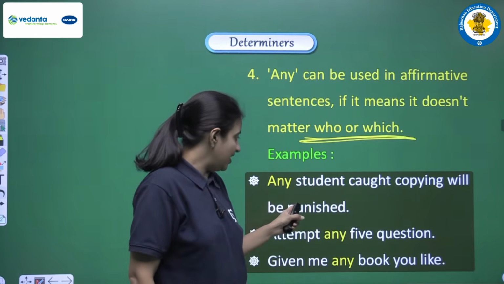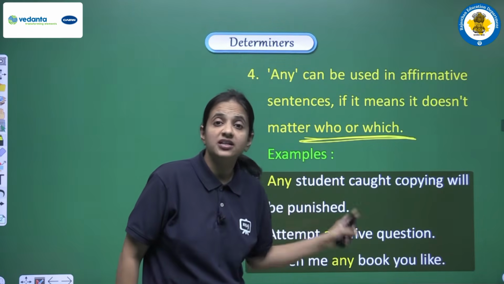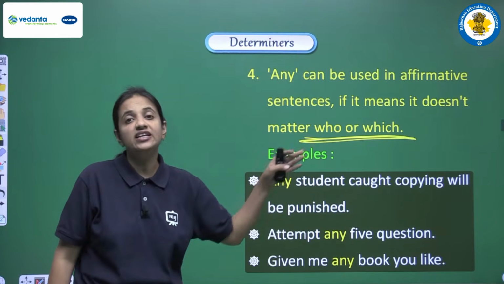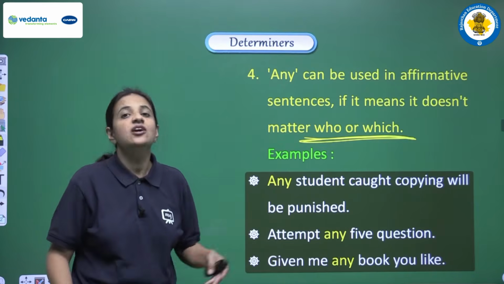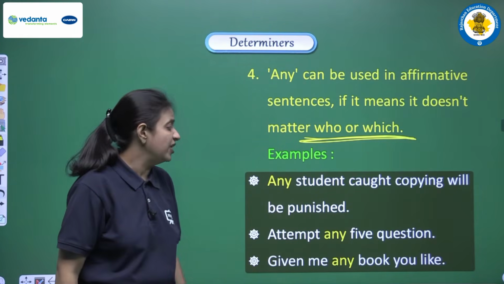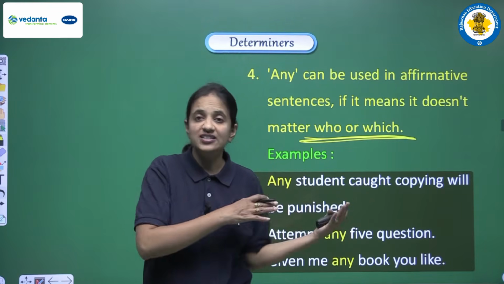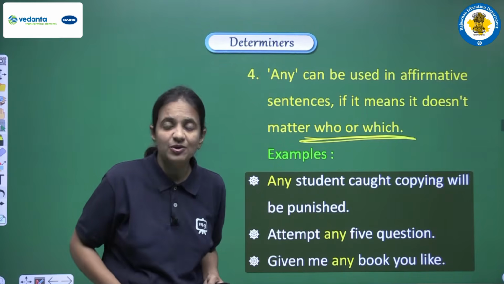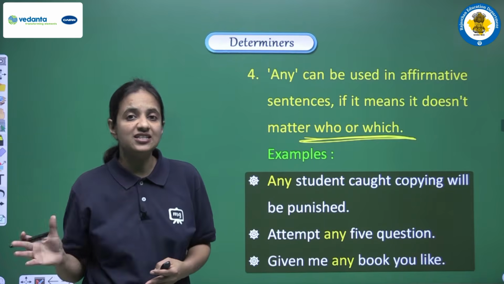So first example we are having here, any student caught copying will be punished. So here we are talking about a very general thing, right? We are not talking about any particular student. We are saying this thing that any student caught copying will be punished. Because that student is actually having no importance here, because we are talking about a very general thing, a thing that is related with all the students, right?